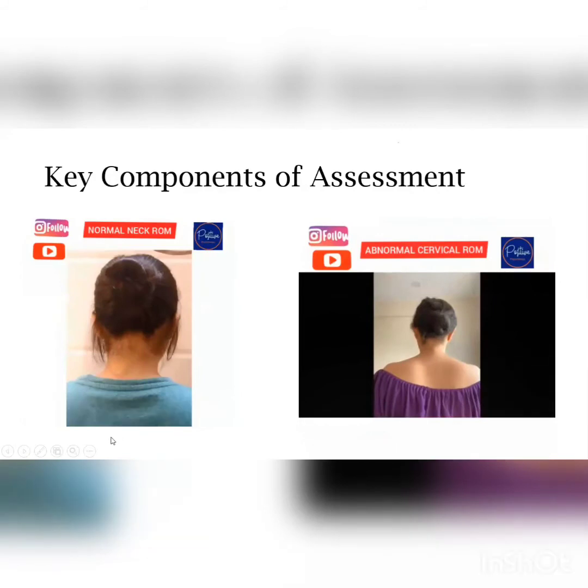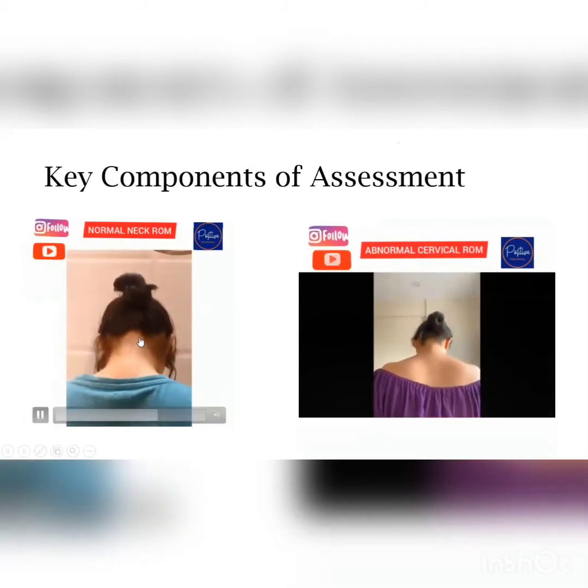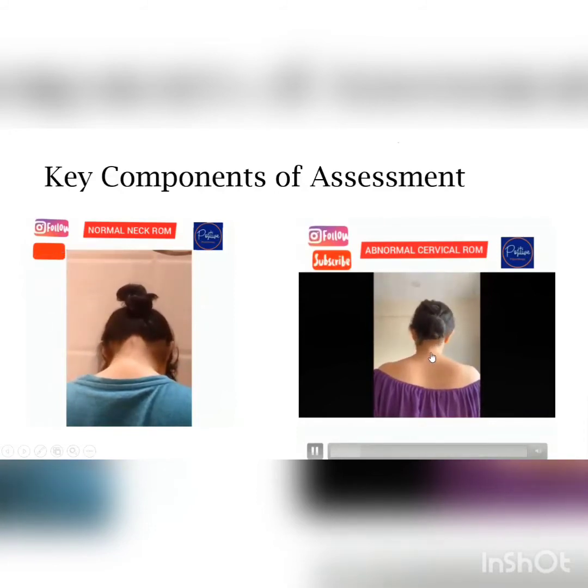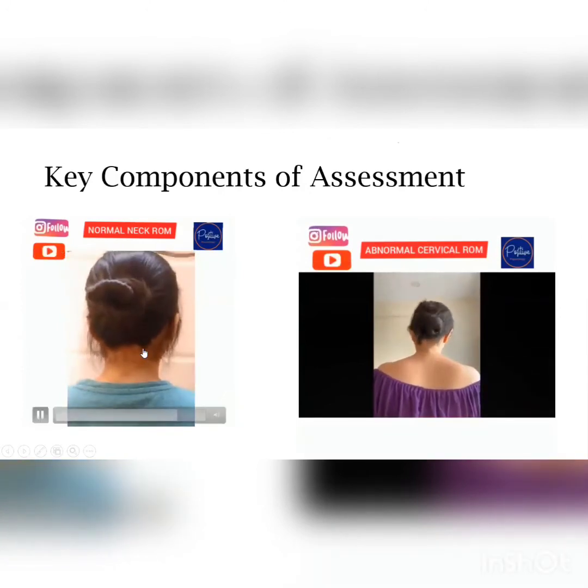And I'm going to play this together. So I want you to observe both the normal and the abnormal. Here she begins at your upper cervical, mid and lower. Here there is only movement happening at the lower cervical spine. There is prominence of your C7 vertebrae. Here nothing of this sort is happening.